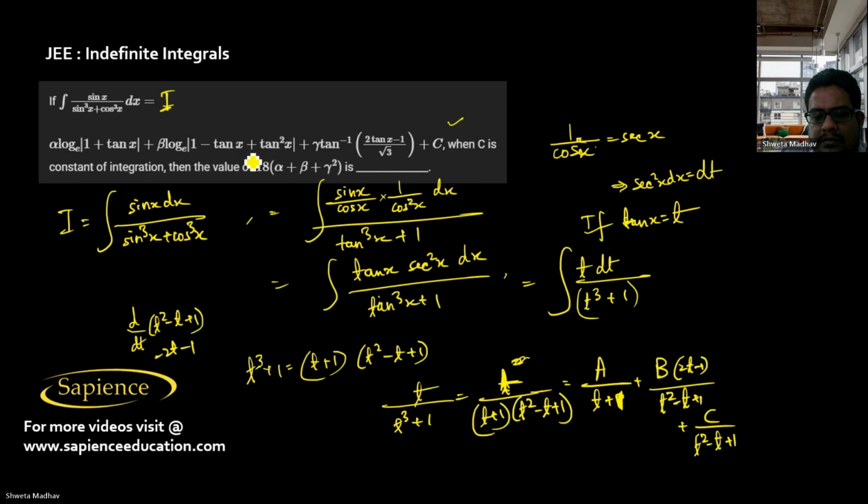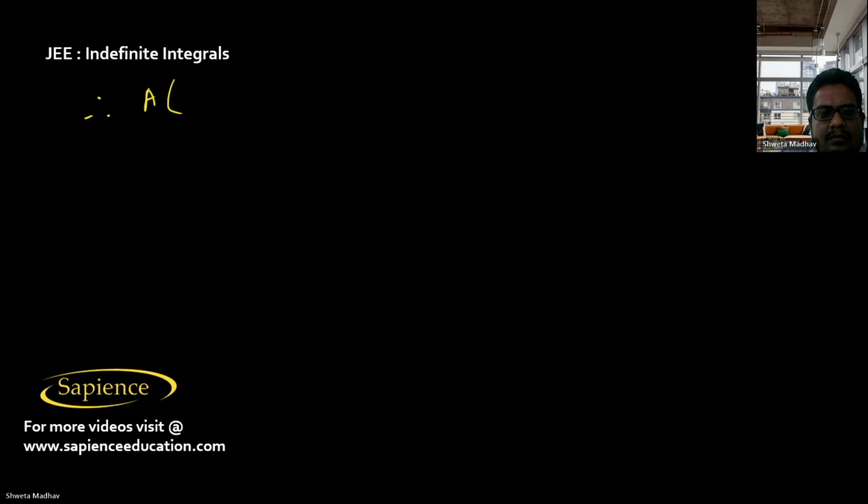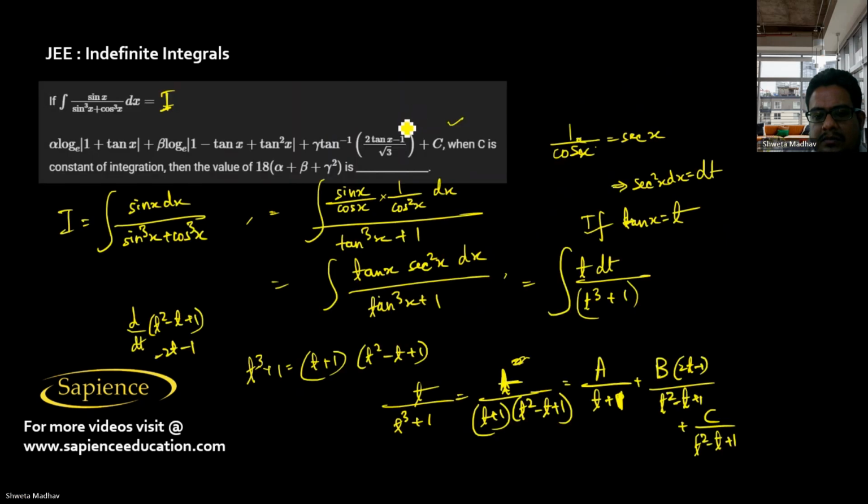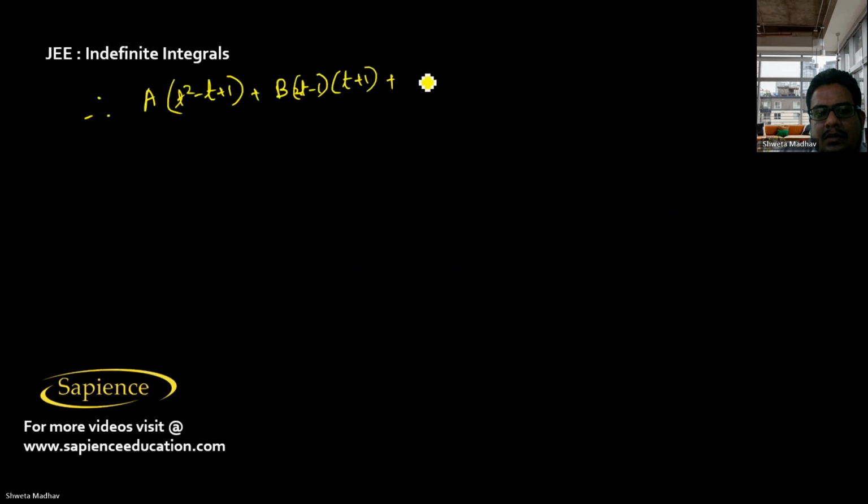Now therefore we can say a into t square minus t plus 1 plus b into 2t minus 1 into t plus 1 plus c into t plus 1, that is equal to t. If we compare, then the coefficient of t square is 0 here. So the coefficient of t square is a plus 2b, since this will be 2t square.